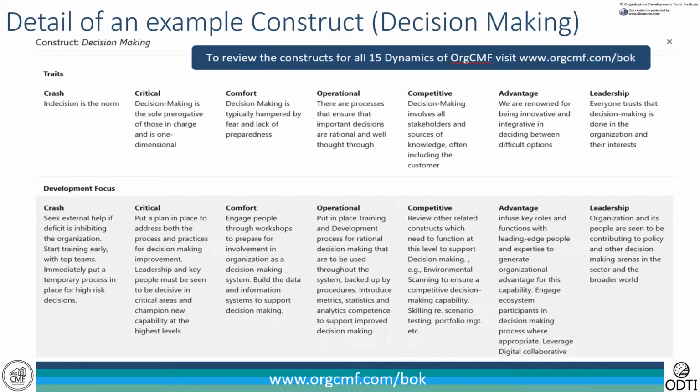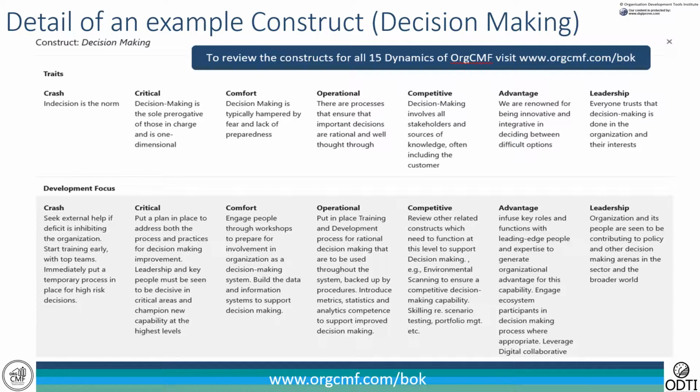It's also consistent for how a model is presented. So it's consistent for all levels in the framework. Each maturity level is represented in the learning development sequence or roadmap for that specific construct. There is a definition of the traits and the development guidance for each level.